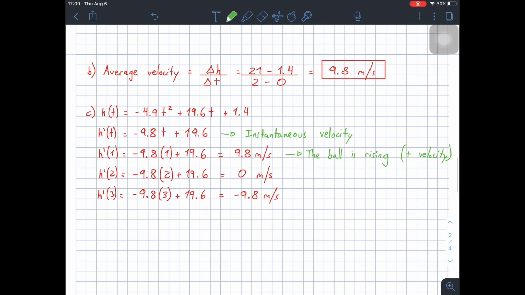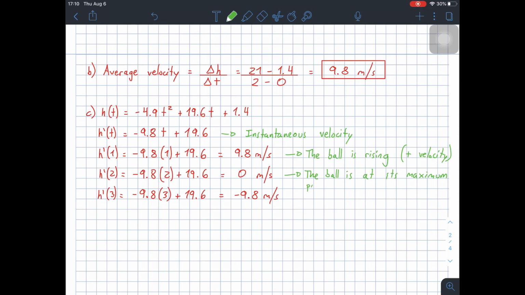So if we first have that the ball is rising, and then we get to a velocity which is 0, in this case for 2 seconds, this means that the ball is at its maximum point, right?